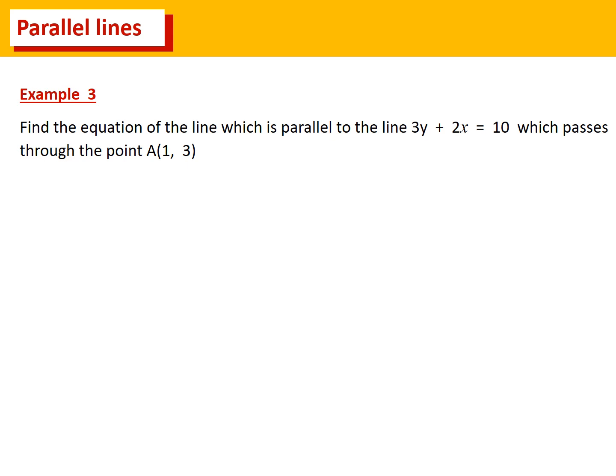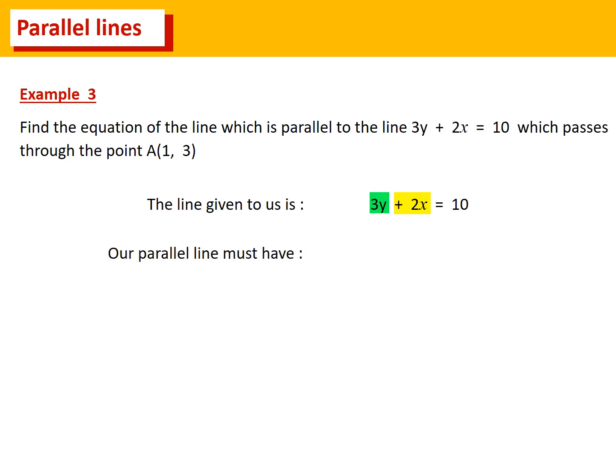And lastly, example number 3, we've got 3y plus 2x in our equation that's given to us. So we need to have 3y plus 2x in our parallel equation. But our equation won't equal 10 because we need to use the fact that our line has to pass through the point 1, 3, as in when x is 1, y is 3.